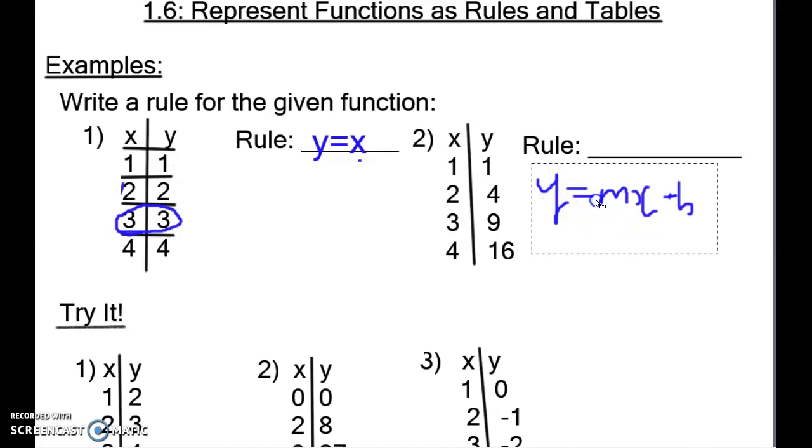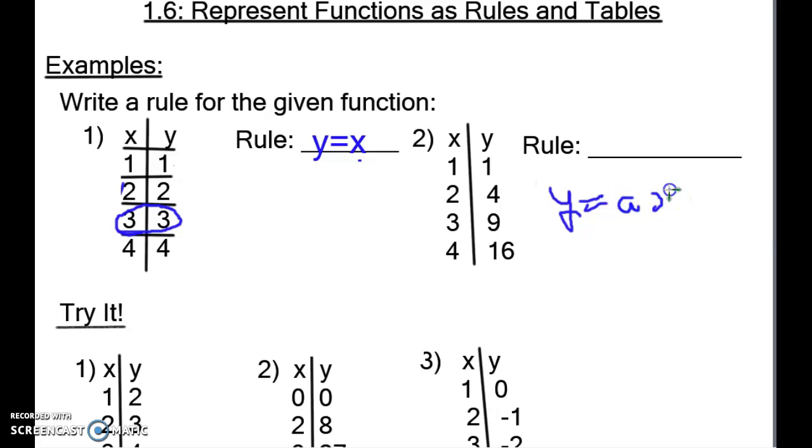Well, it is a function, only this is another function known as quadratics, where the equation for this one would be a times x squared. So 4 squared equals 16, 3 squared equals 9, 2 squared equals 4, and 1 squared equals 1. And this is how much it increases.